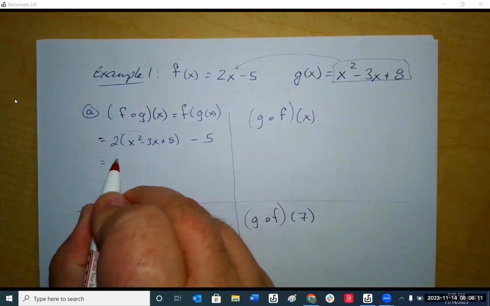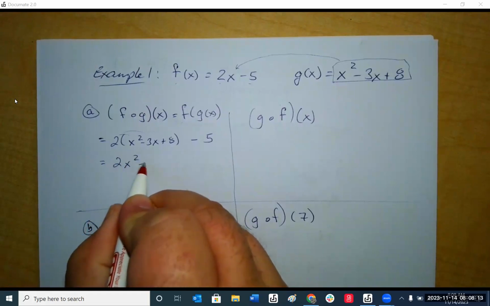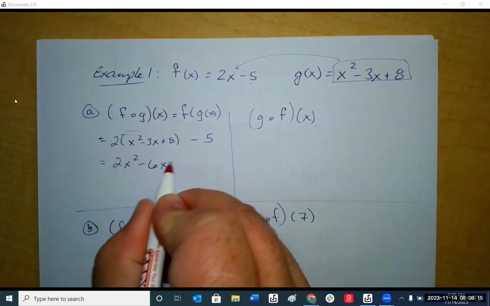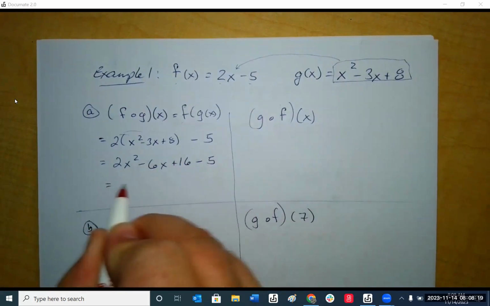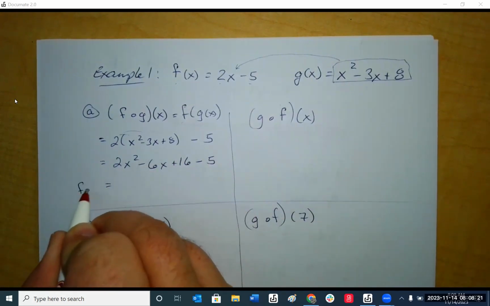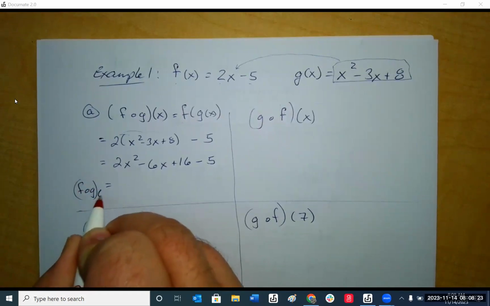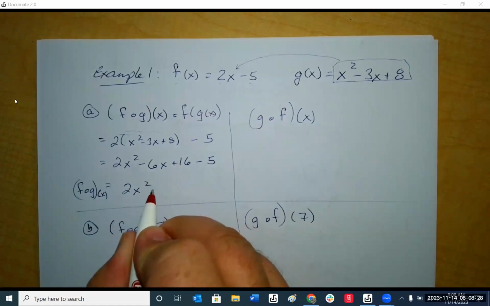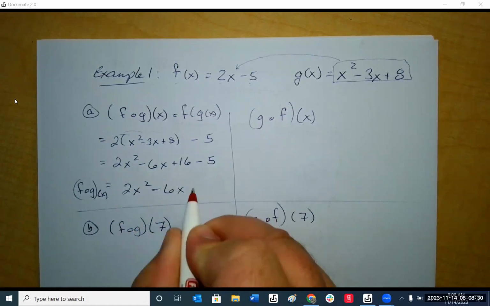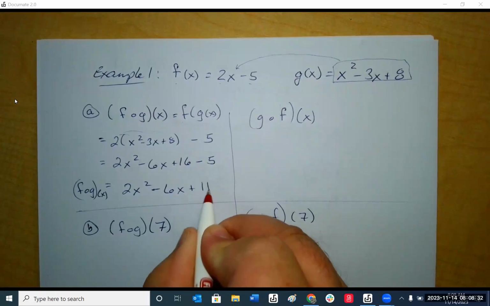Distribute, get rid of the parentheses. 2 times 3 is 6. 16 minus 5. So f of g is equal to 2x squared minus 6x plus 11.